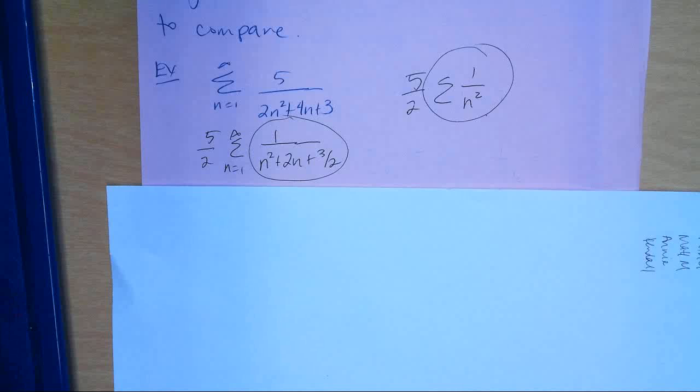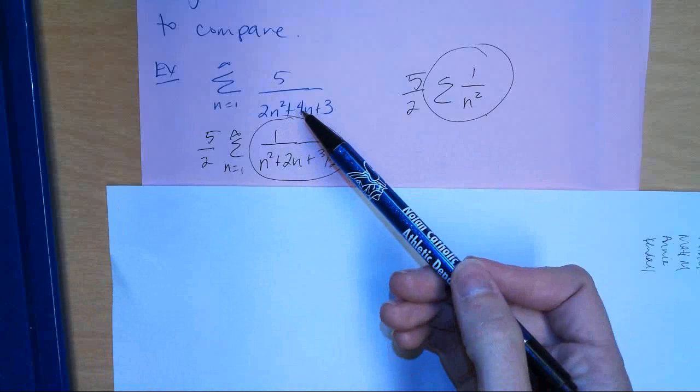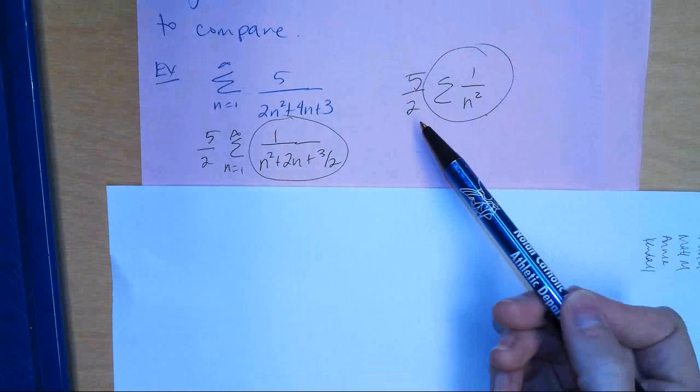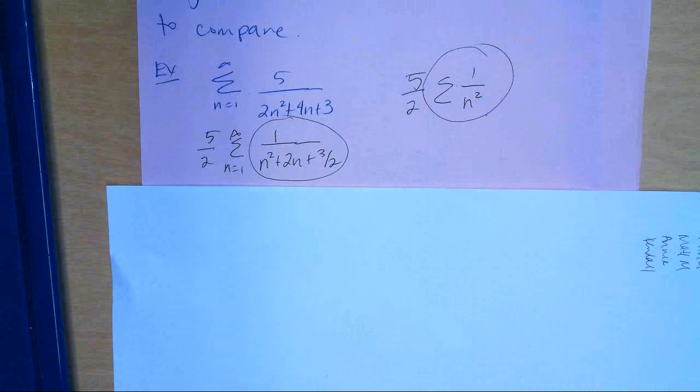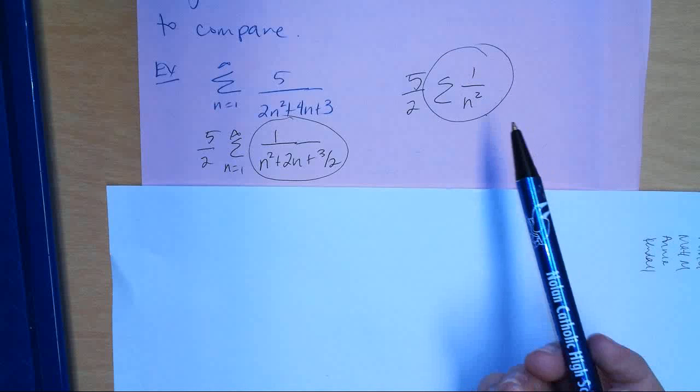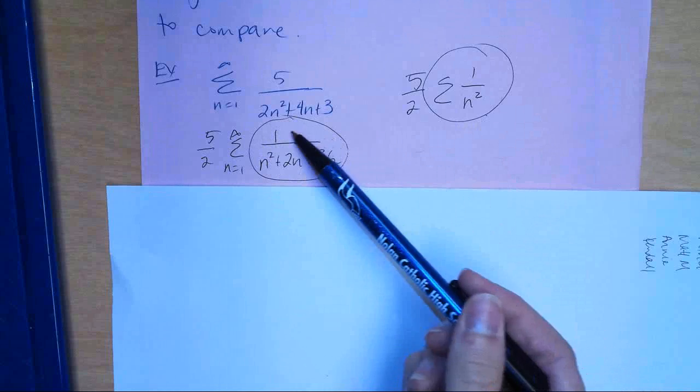So we have convergence. Now, if you were writing this out in a problem, you would need to write these things. We're kind of just talking through it. But you need to write that, you can even think yourself through it by writing it out. So we're going to compare it to this series. We know that this series is convergent because it's a p series times a constant. So we need to figure out if this series is less than that one.